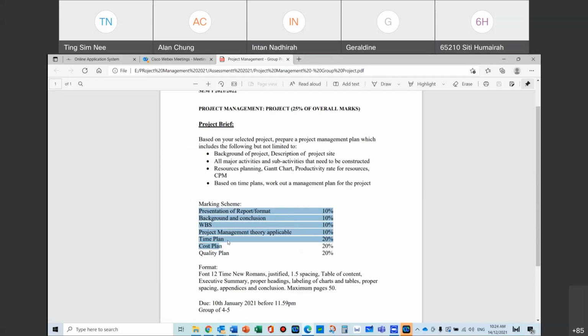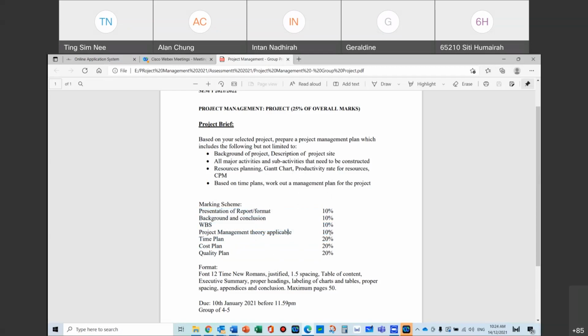Let's say a group member, there are about 4 of you, somebody can go and organize the report already, and put in some of the management theory, like what is time management, what is cost management, etc.